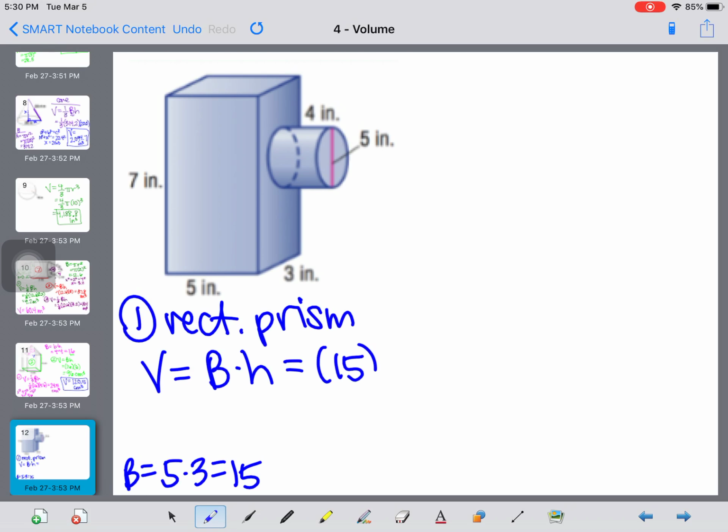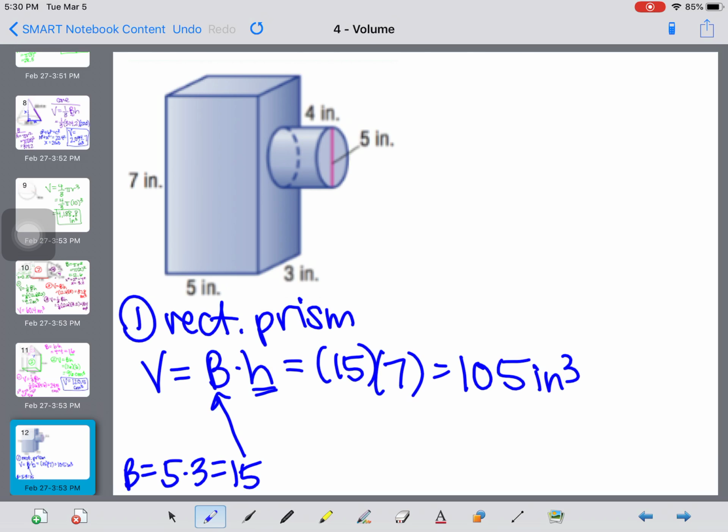So I would plug 15 in for this big B right here, since that's base times height since it's a rectangle. The height of the prism, then, is the distance from this 5 by 3 at the bottom to the other one at the top, which would be 7. So 15 times 7 gives me 105 inches cubed.